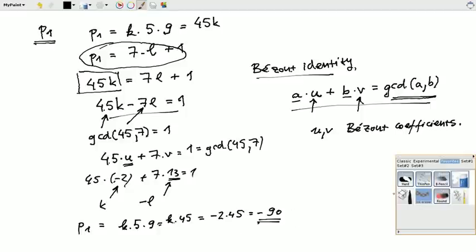Well, that's quite strange to get a negative number in P1.